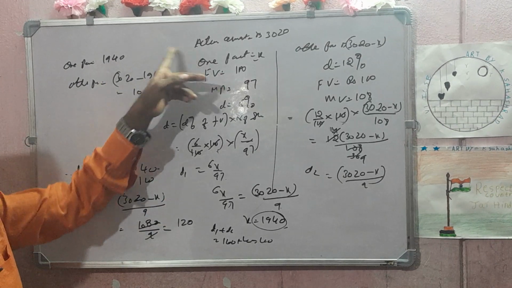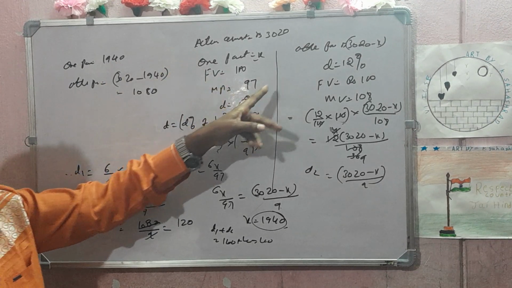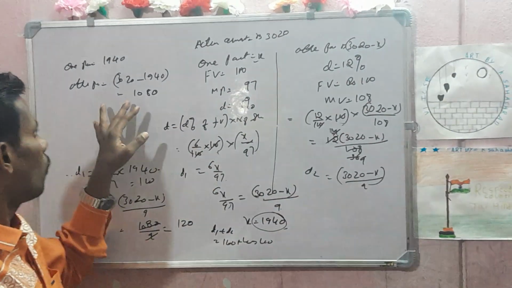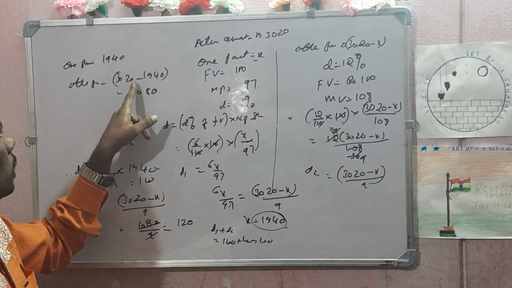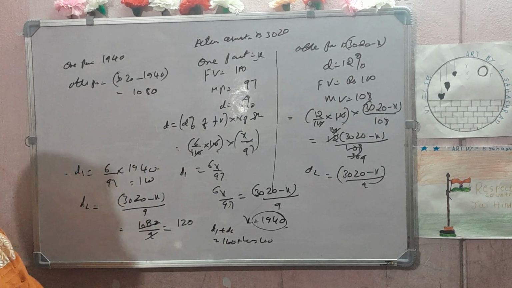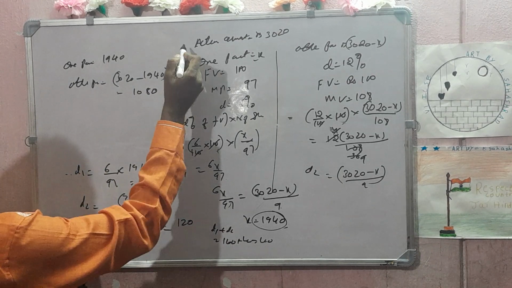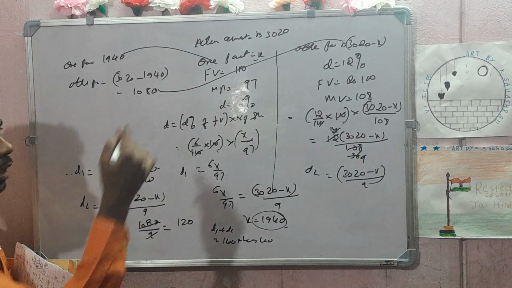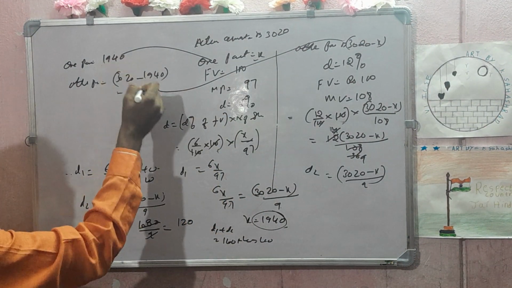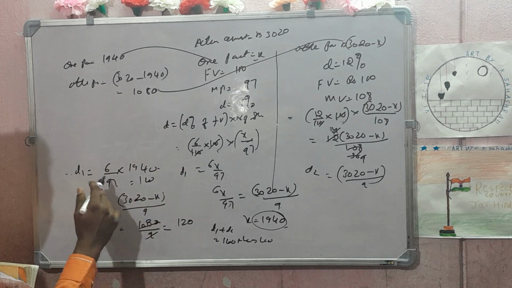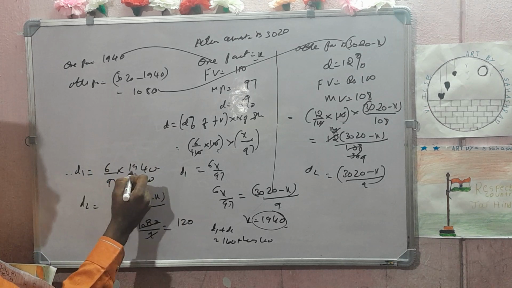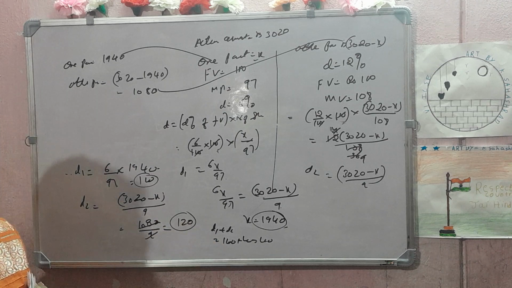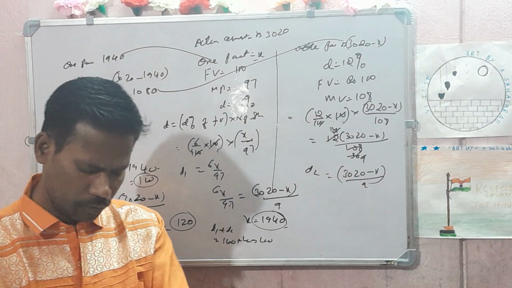He invested rupees 1940 in the first one, and the other one is 3020 minus 1940, which is 1080. Combined you will get 3020, and the dividend is 120 here and 120 here also. So total dividend is 240. There is the problem.